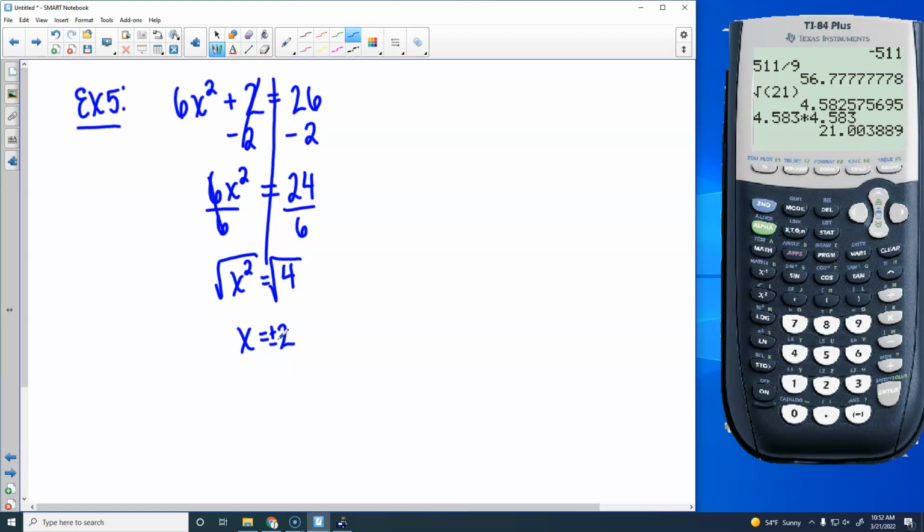Alright, so for everything we've done so far, the square root was our last step. And there are many, many, many times square root's going to be the last step. But there are some where square root is not your last step. So let's look at this.